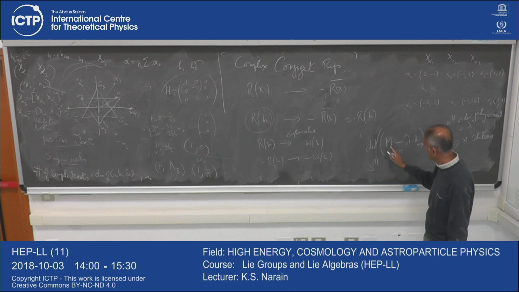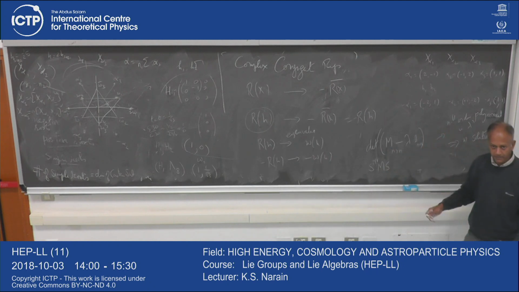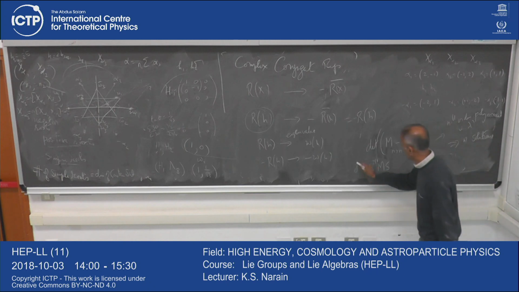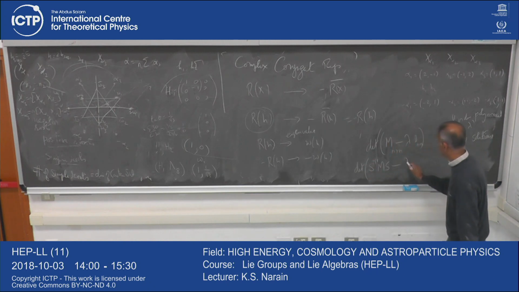instead of M, you now look at the similarity transform of M and ask what is the determinant of this, what are the eigenvalues of this. Let's call it lambda prime, the new eigenvalues.